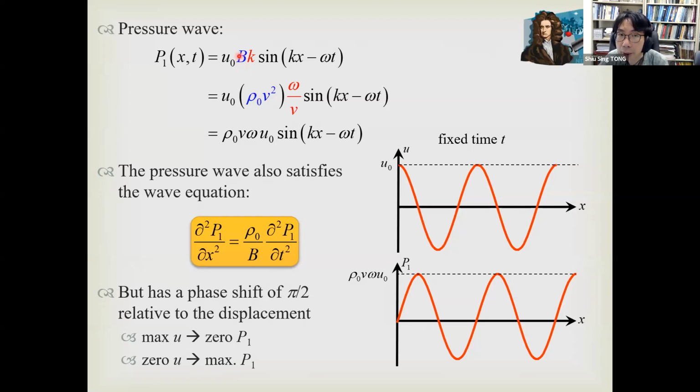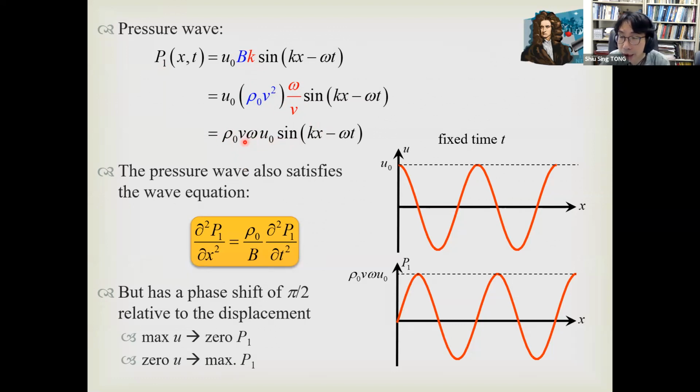So we can rewrite B as rho naught v squared. Okay. And we also know that v is equal to omega over k, so we can write k as omega over v. And this allows me to cancel one of the v. And so the amplitude for the pressure change will become rho naught v omega u naught.